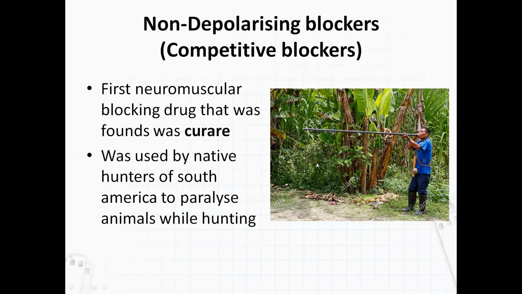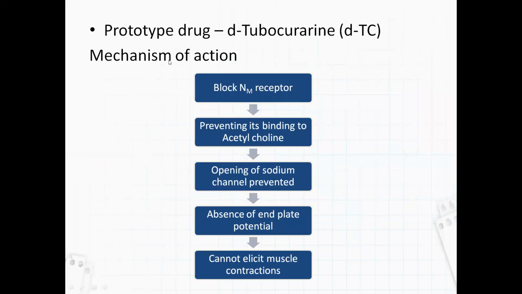The arrow would go and hit the animal and paralyze it. Then, depending on that curare, they discovered this prototype drug in the 1940s or so. That is D-tubocurarine, the prototype drug of non-depolarizing blockers.